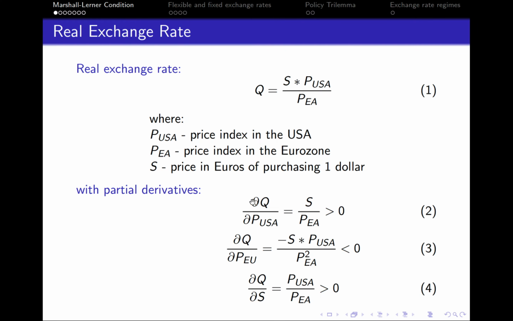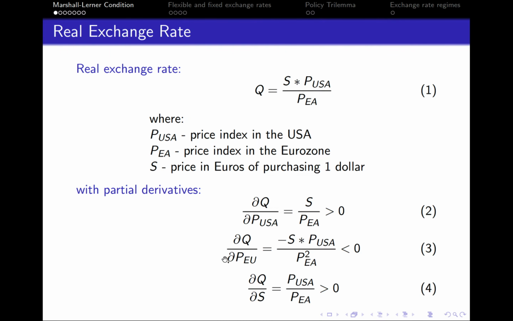And look, here right away we can calculate three partial derivatives. First, we can differentiate real exchange rate with respect to US price level, and we get that this partial derivative is positive, which means, of course, that if prices in US are getting higher, the competitiveness of eurozone economy is getting higher.